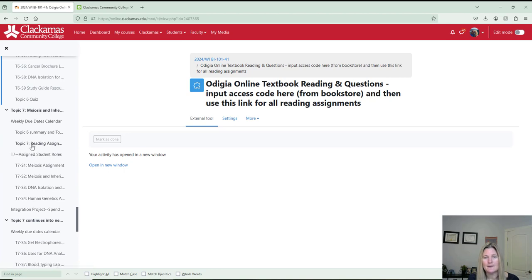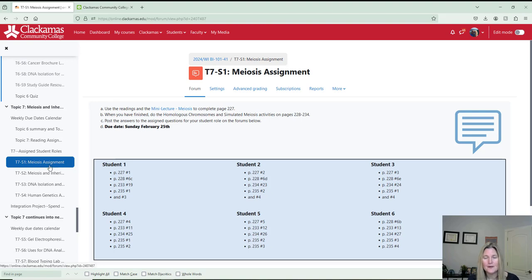Of course, your student roles will be different this week than last week, so do make sure you check and see which one you were assigned. All right, so let's take a look. I have my workbook in front of me because I don't have the digital copy for the remainder of the term, so I'll be using that as my guide for what we're doing this week in each of these Moodle assignments.